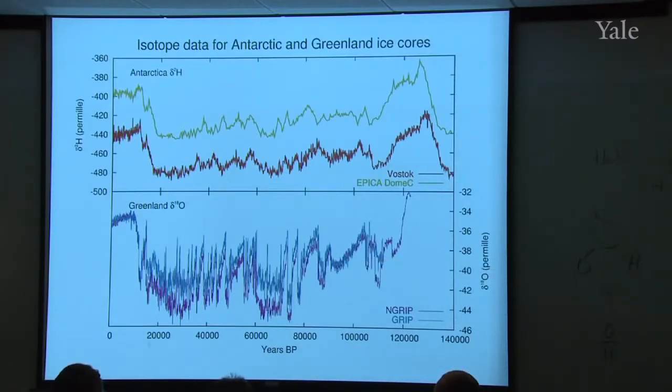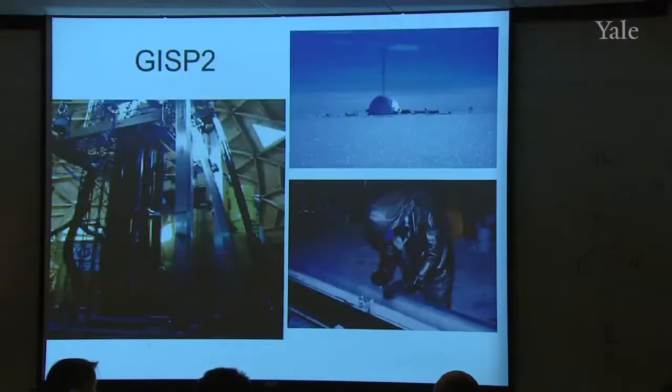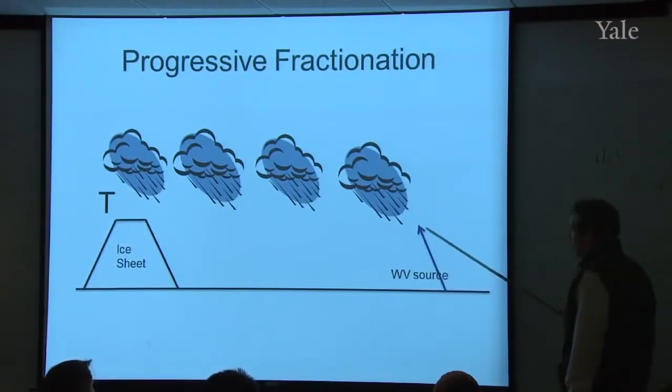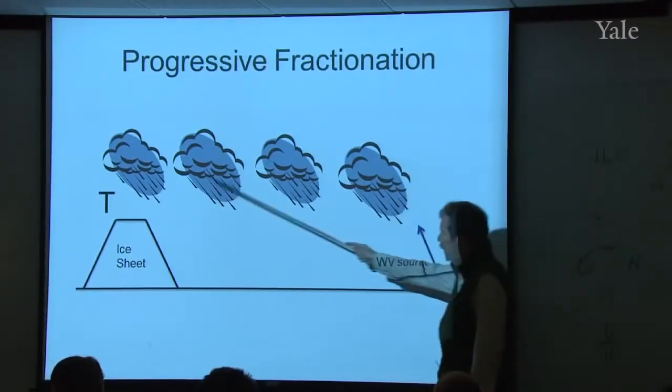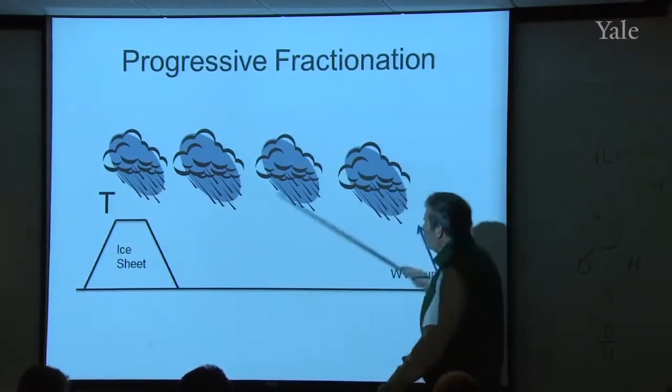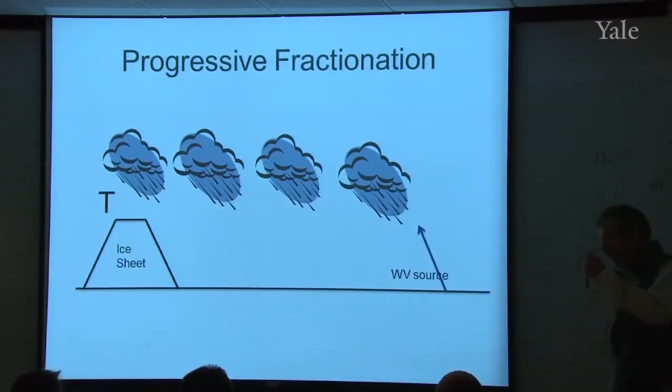Yeah, Jordan. Can you explain again why lighter isotopes mean that it's a cold temperature? Yeah, because in this model, let's say this is at a fixed temperature here, and if you just cooled the air a little bit between source and ice sheet, you would remove maybe half the water vapor and fractionate it accordingly.